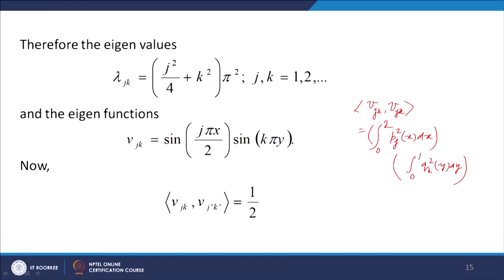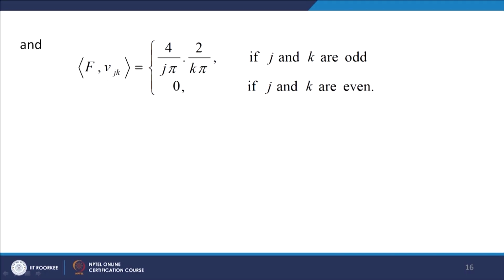So we can put the value of p_j(x) as sin(j pi x over 2), q_k(y) as sin(k pi y), and evaluate this. This comes out to be half.